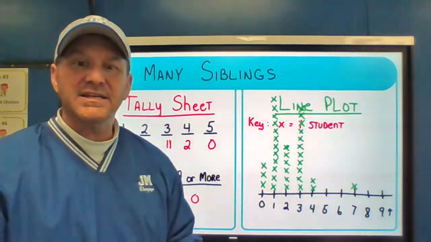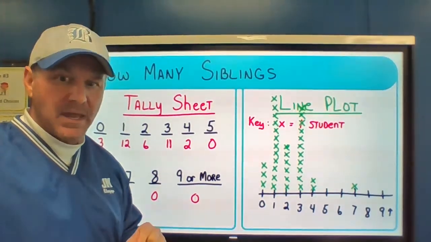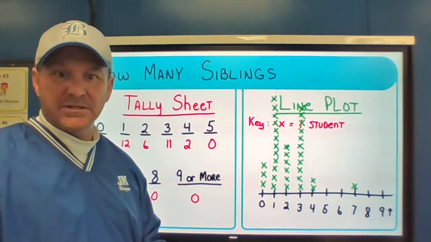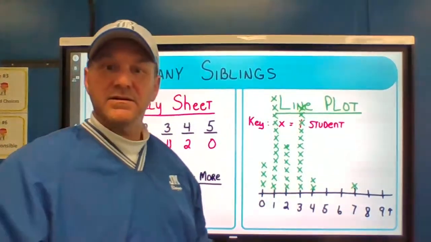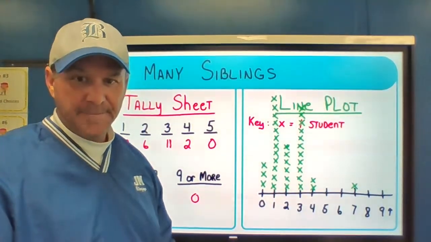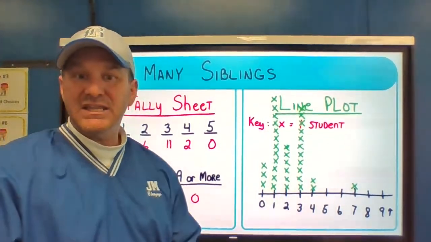I could look at this and I could say, what was the least common number of brothers and sisters? You would tell me, well, 5, 6, 8, or 9 or more, because nobody had that. That's the least common because nobody had it. If I say, what's the second least?